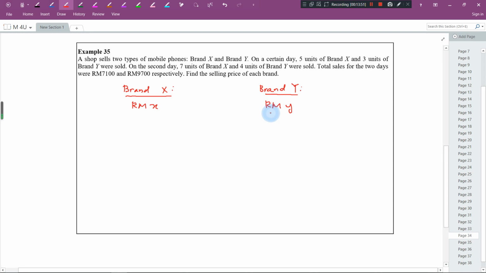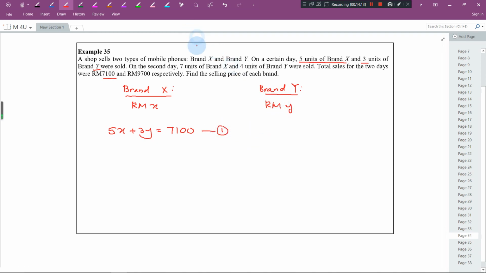Now I'm going to form two linear equations first. For the first day, 5x plus 3y is equal to 7100. This is the first equation.